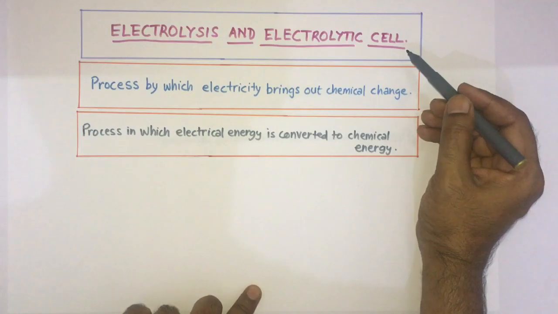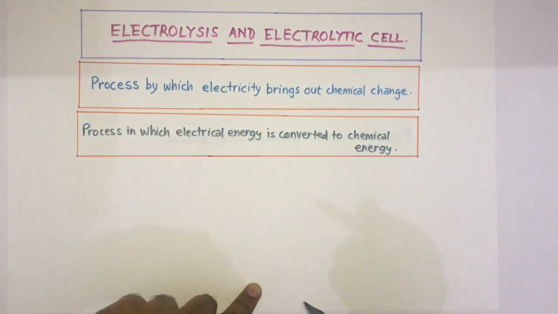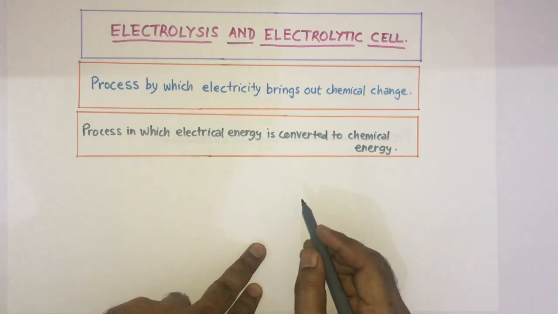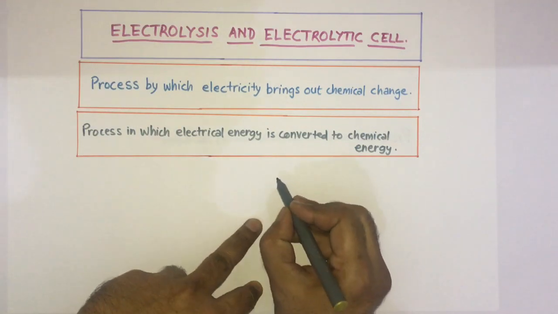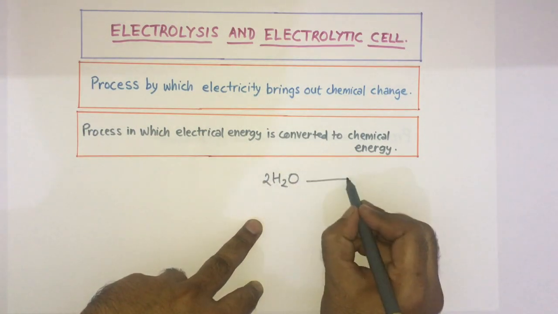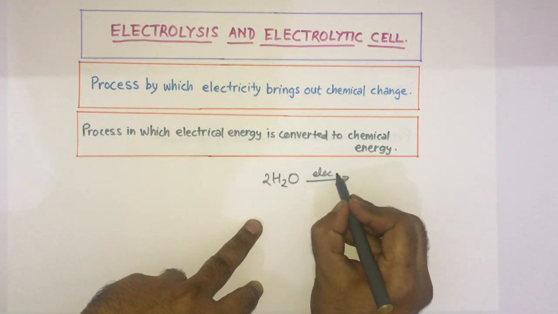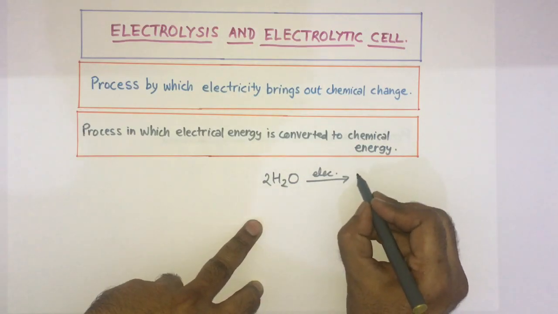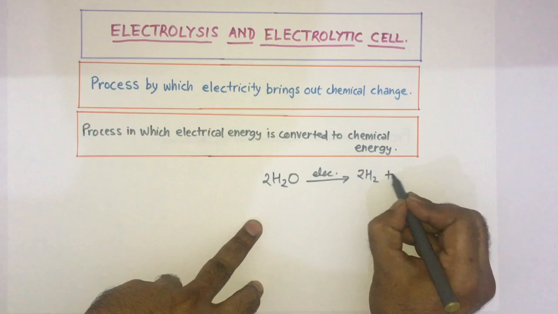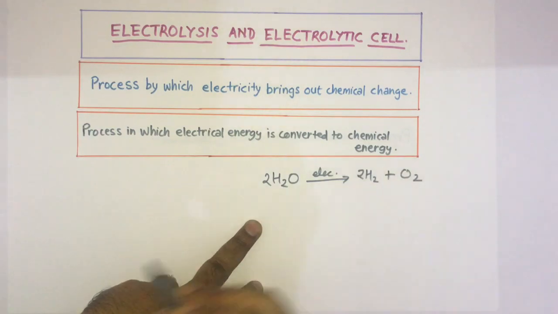There are so many non-spontaneous reactions which are generally carried out by electrolysis. For example, electrolysis of water: 2H2O, when we pass electricity to it, splits into hydrogen and oxygen.